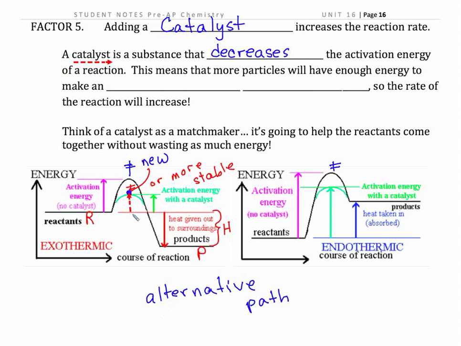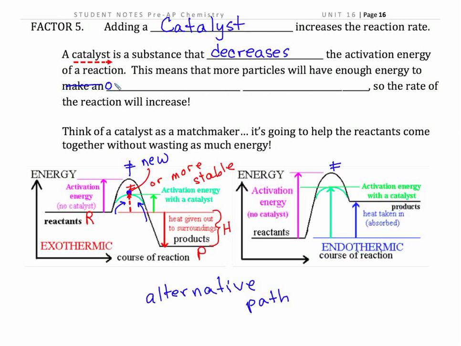And that's true for both the forward direction and the reverse direction. The activated complex is lower, so the activation energy is lower in both directions. A smaller hill means more molecules have enough energy to make an effective collision.